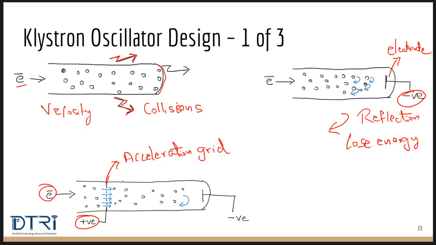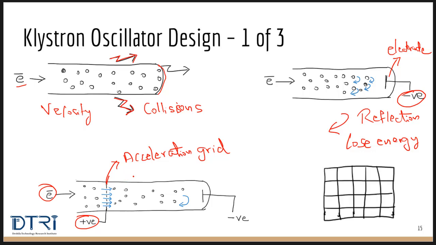But since the acceleration grid is not a plate but a grid, many electrons are pulled towards the grid with great force and pass through the grid, towards the electrode on the other side.